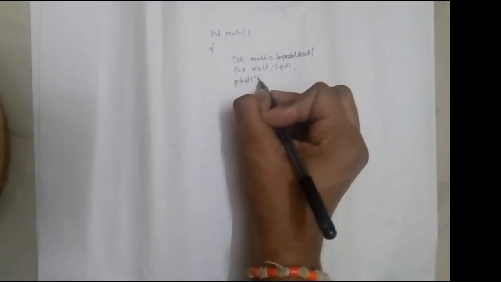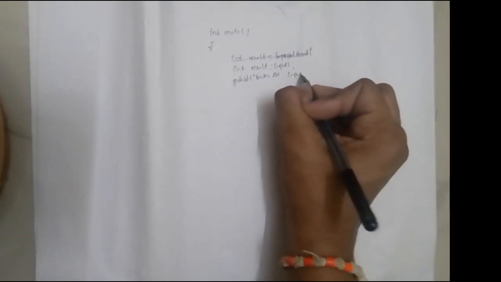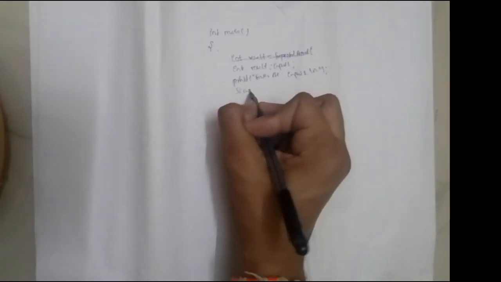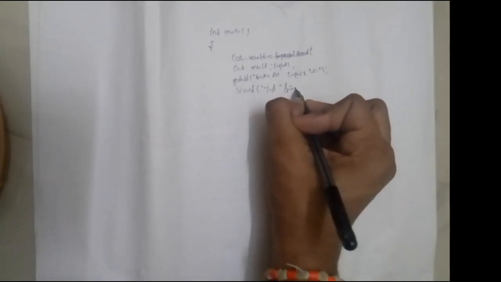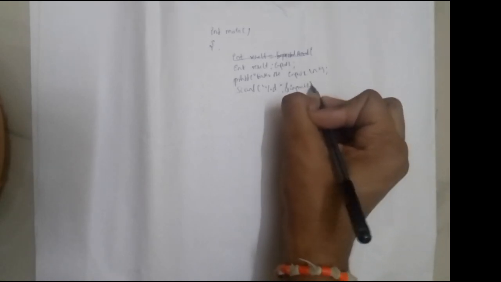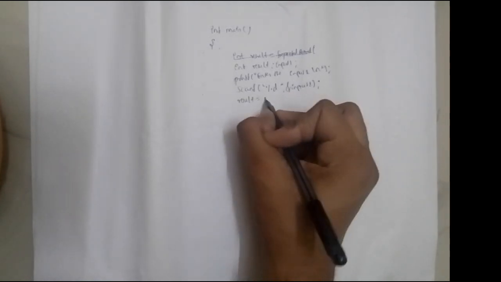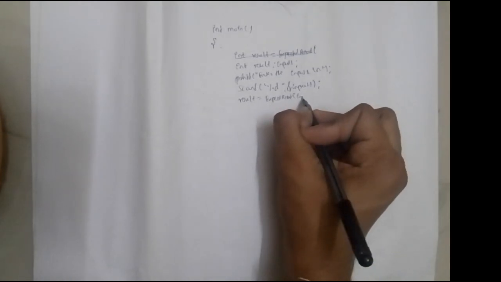printf, enter the input value, scanf %d and &input 1. Next, now call result is equal to expected result comma input 1.